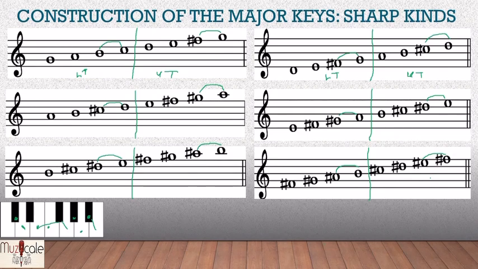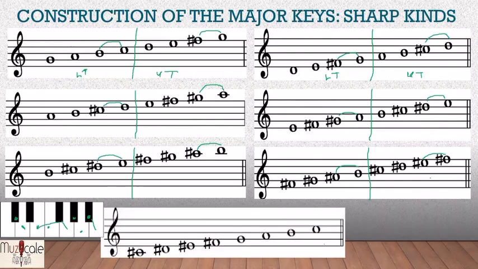Okay. The upper tetrachord of F sharp major will now form the lower tetrachord of C sharp major, right? So of course we're going to make sure we have a semitone between this and a semitone between the 7th and the 8th notes, right? Like the rule says.